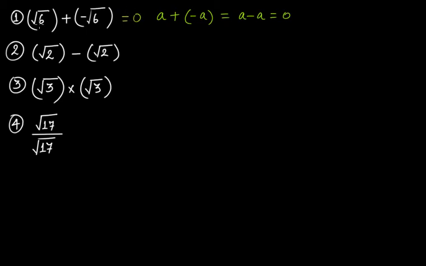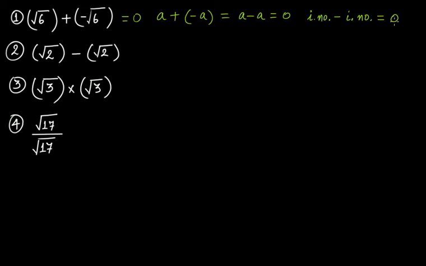Now square root of 6 is an irrational number, right? And the same thing is here: it's also square root of 6, so an irrational number. So irrational number minus irrational number in this case is equal to 0, and 0 is a rational number.